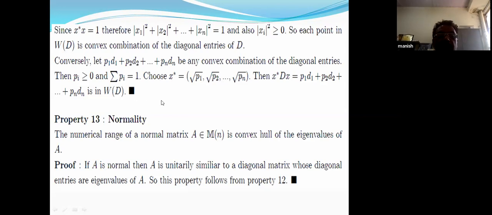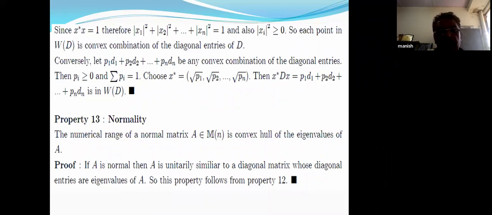Now normality, the next property. Suppose we have to find the numerical range of a normal matrix. The numerical range of a normal matrix is the convex hull of its eigenvalues. This follows from the last property and the unitary similarity invariance property.